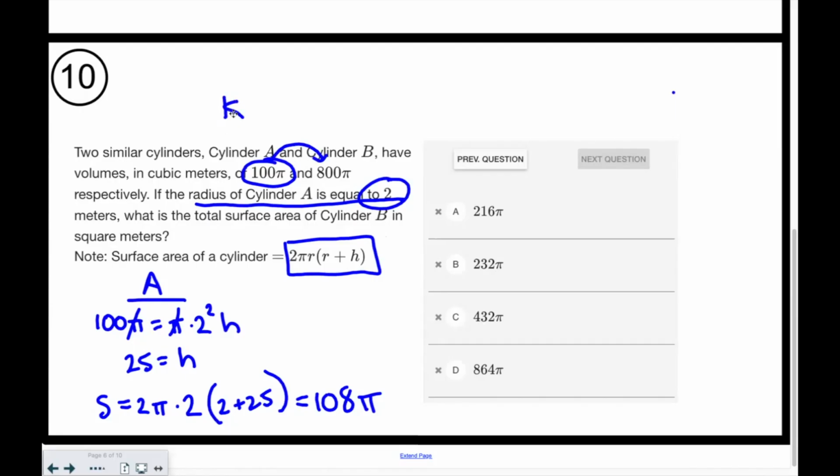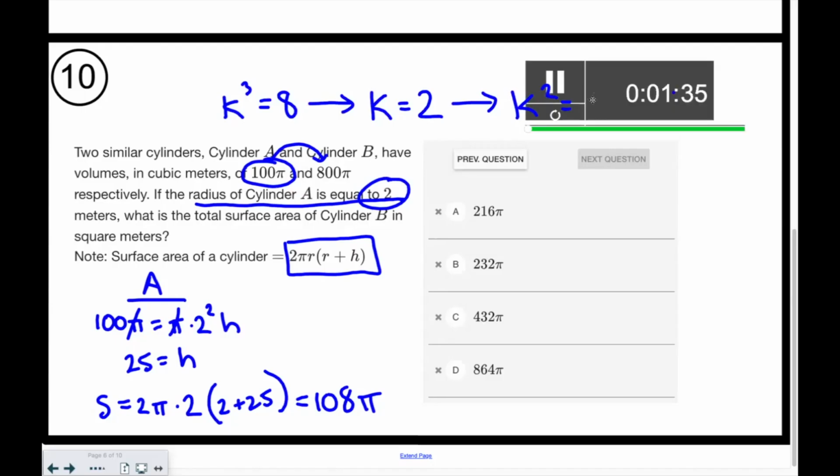Whatever happens to the volume is the scale factor cubed. So the volume got multiplied by 8, which means the scale factor cubed is 8, which tells me K is 2. So that's the scale factor. But what I want to know is what happened to the area. And area is the scale factor squared.